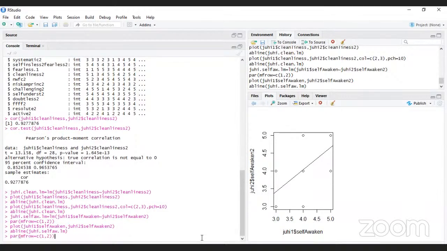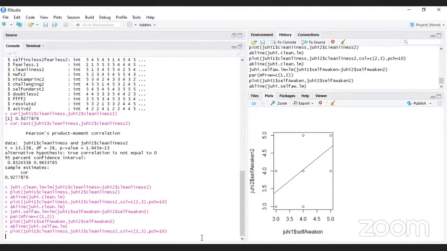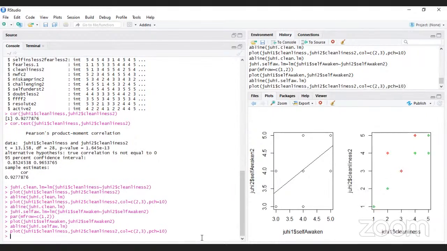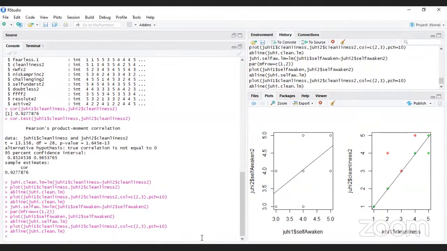Again, I can show you another data so that you can compare the two. That is the cleanliness issue. So now you can find out the difference between the two correlation coefficients.